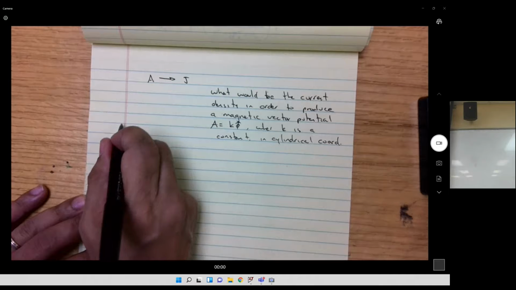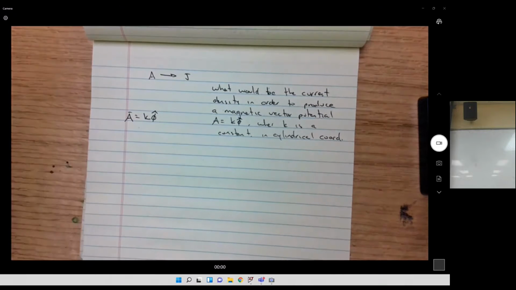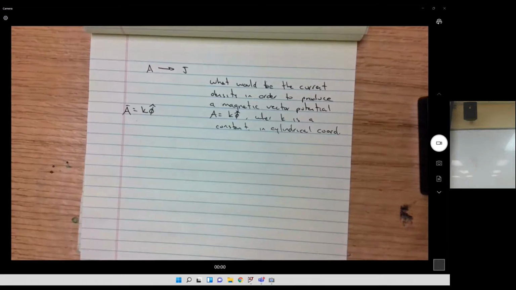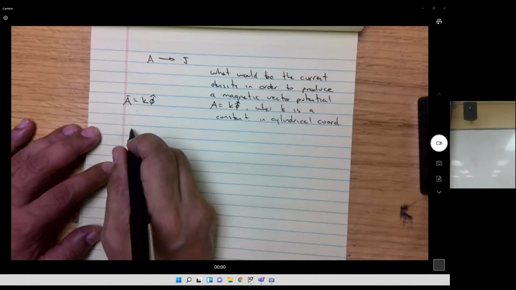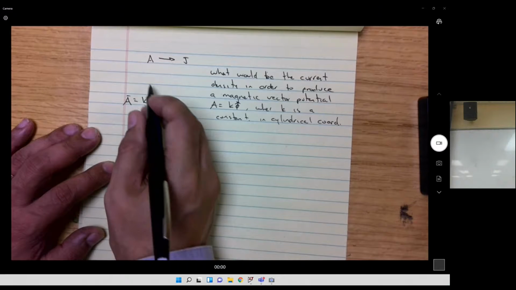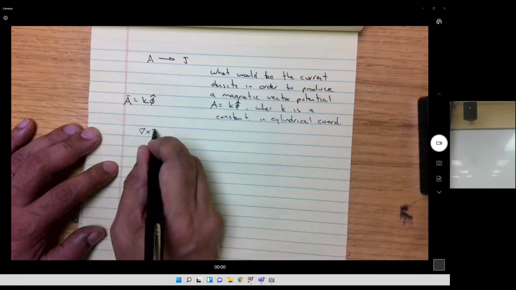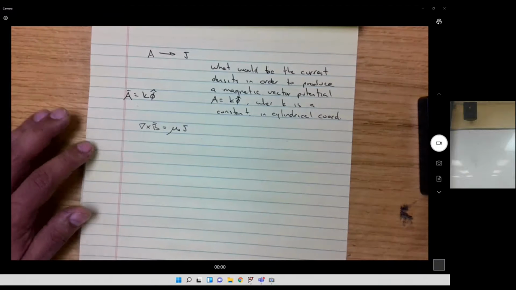Okay, so we have A, which is K in the phi direction. And I want to know what is the current density J that I need in order to produce this magnetic vector potential. This is in two parts. The equation that I can use to calculate the current density is the curl of the magnetic field flux, which is mu J, that's Ampere's law.